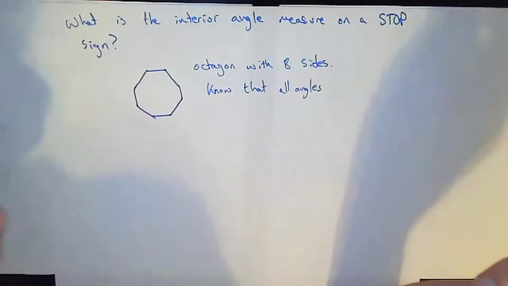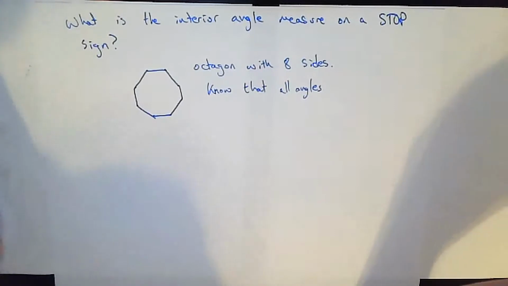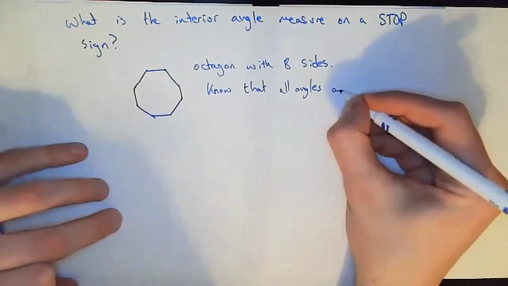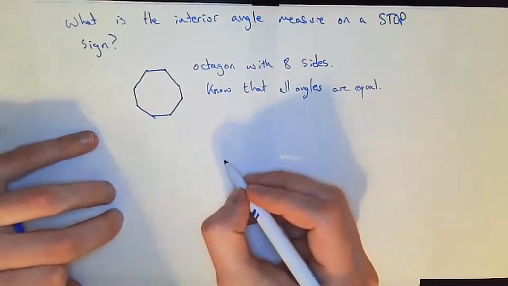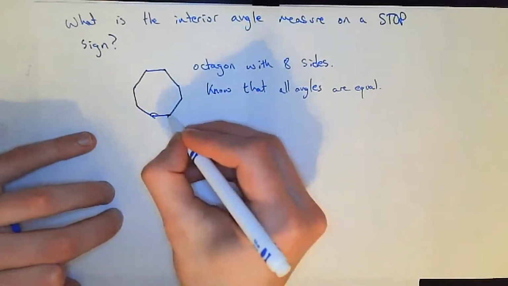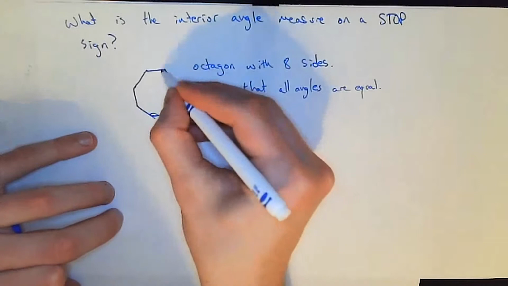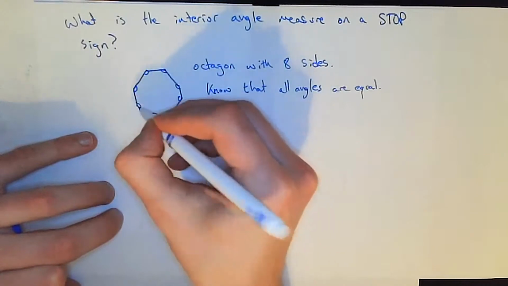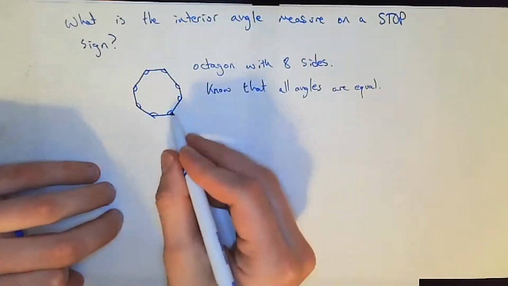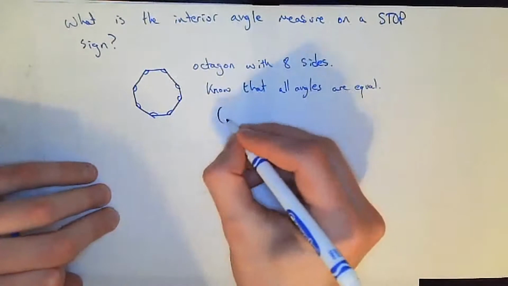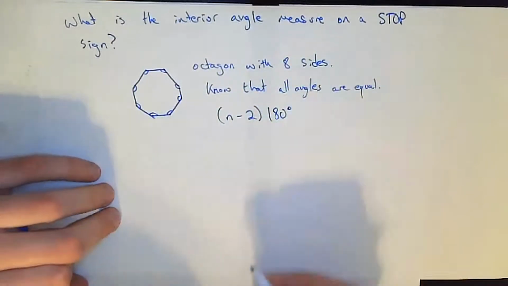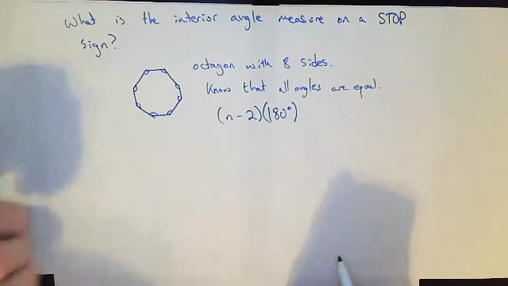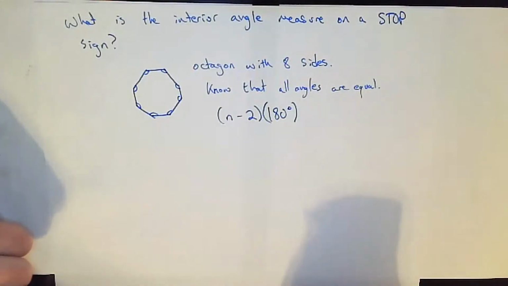And how do I know that? Well, because I look at stop signs all the time, right? So I know that all angles are equal. But what is the sum of the angles inside? What is the sum of all of these angles? How many are there? There's 8, right? I don't know what each one is individually, but I know by my formula it should be N minus 2 times 180 degrees.